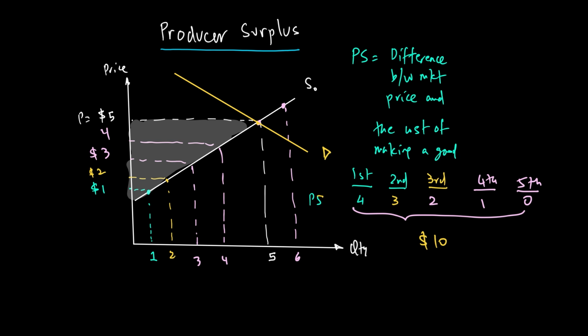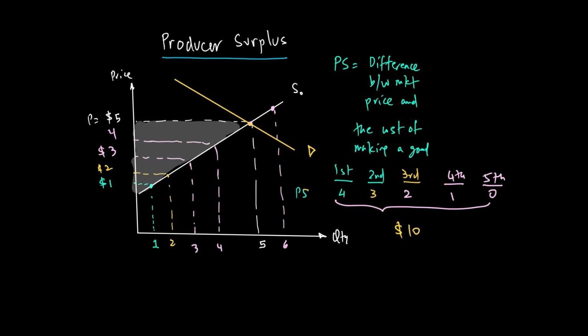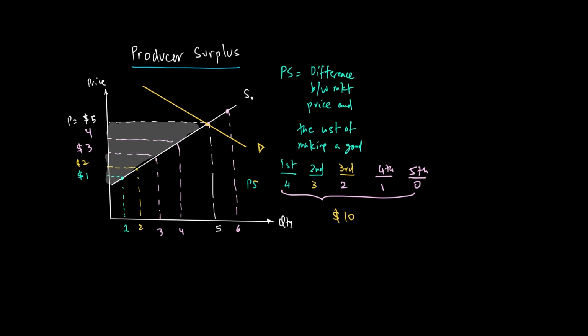Just like the area under the demand curve above the market price is my consumer surplus, the area above the supply curve below the market price is my producer surplus. That tells us that whenever the price is greater than the cost of making the good, the producer will be happily supplying the good.